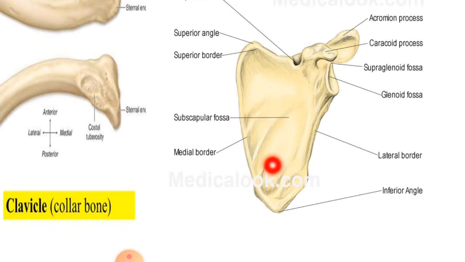This is the subscapular fossa, the superior angle, the superior border just below the superior angle, the acromial process at its lateral end, and the coracoid process, which is a beak-like process. And this is the glenoid fossa, which accommodates the head of the humerus and takes part in the formation of the shoulder joint.